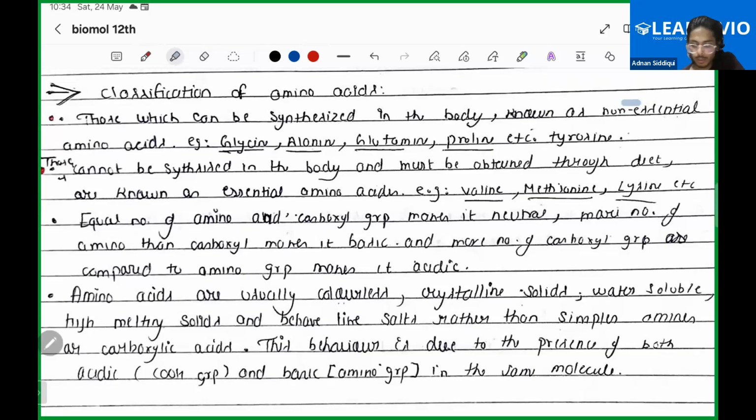So first type is non-essential amino acids. Non-essential amino acids are these: glycine, alanine, glutamine, proline, and tyrosine. You need to learn them because they might ask you which are the non-essential amino acids.